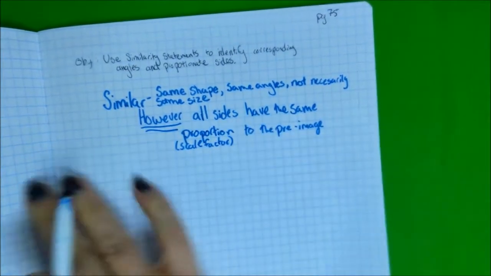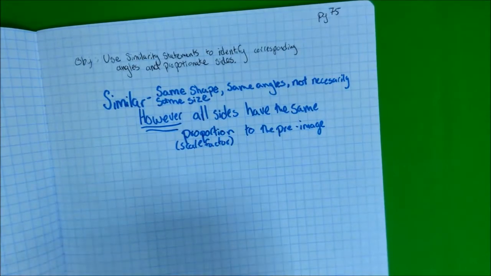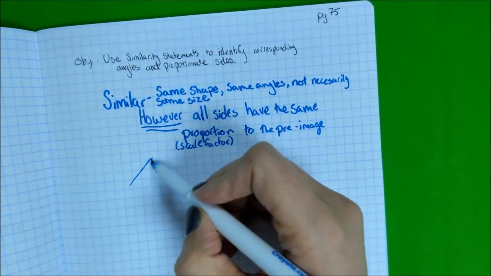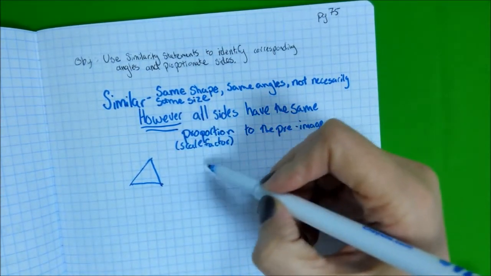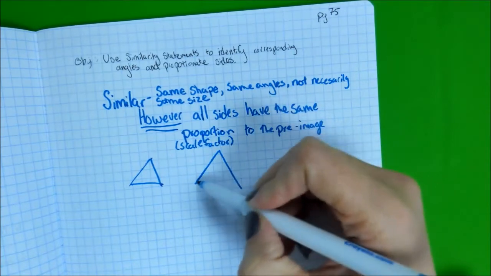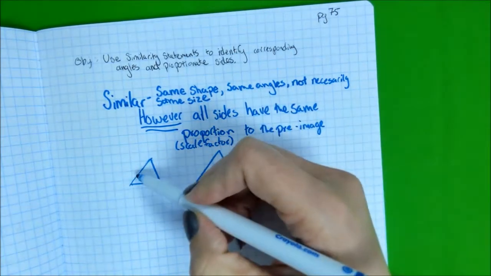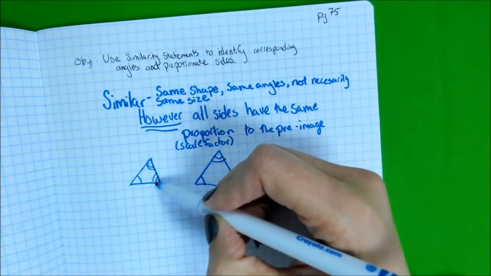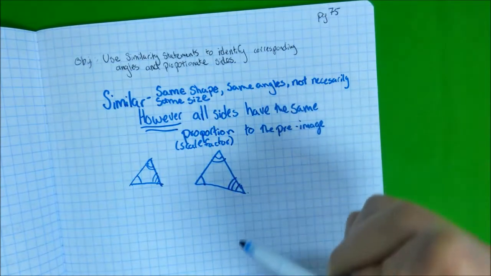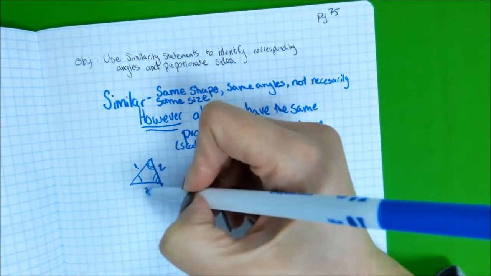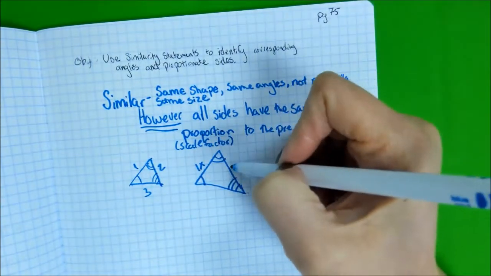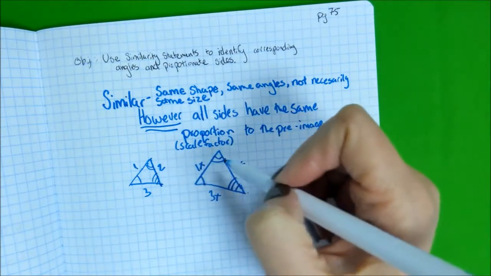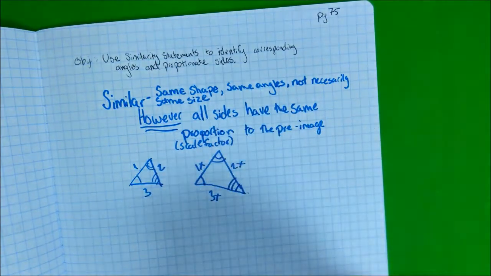So what that means is I could have a triangle or some shape that's the same shape where the angles are all the same. Okay, if this was 1, 2, 3, then this would be 1x, 2x, 3x, where x is a scale factor. So that's x times as large of a perimeter as this one.